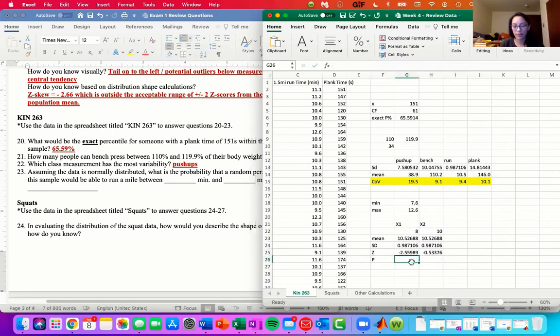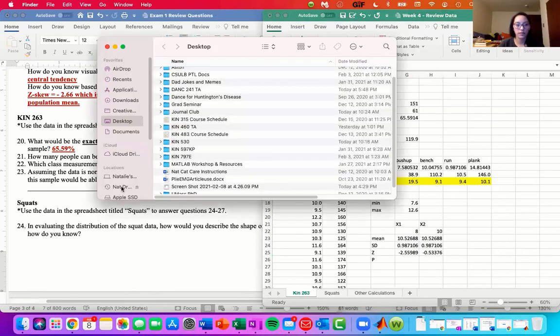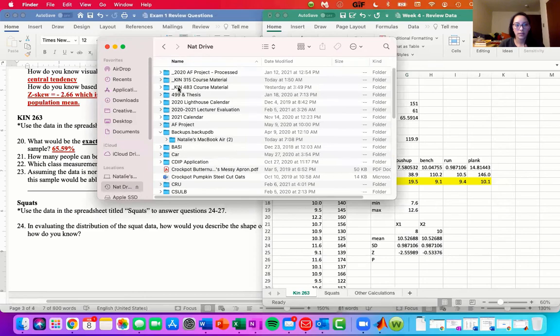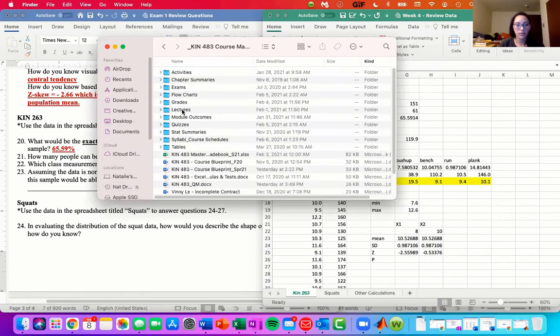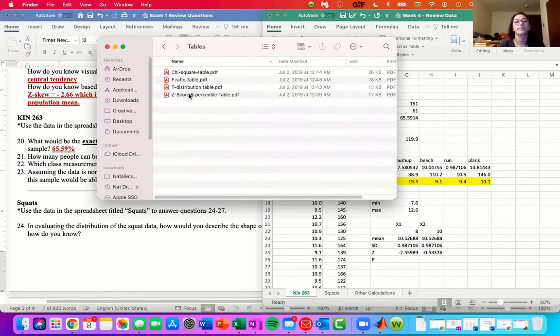So how do we find that percentile or that probability? You look at the table. We have to look at the table, right? So I'm going to find my table. Well, on the exam, this table will also be presented. Yes. From you.